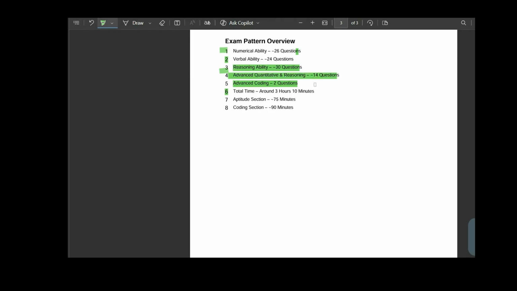Coming to the coding section, you can expect two programming questions. Total exam duration is around 3 hours 10 minutes. Aptitude section timing is approximately 75 minutes, and coding section approximately 90 minutes.